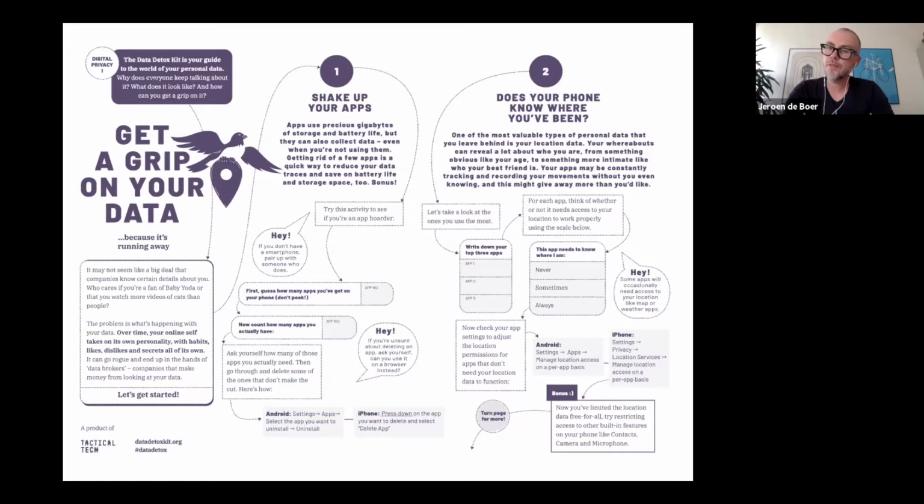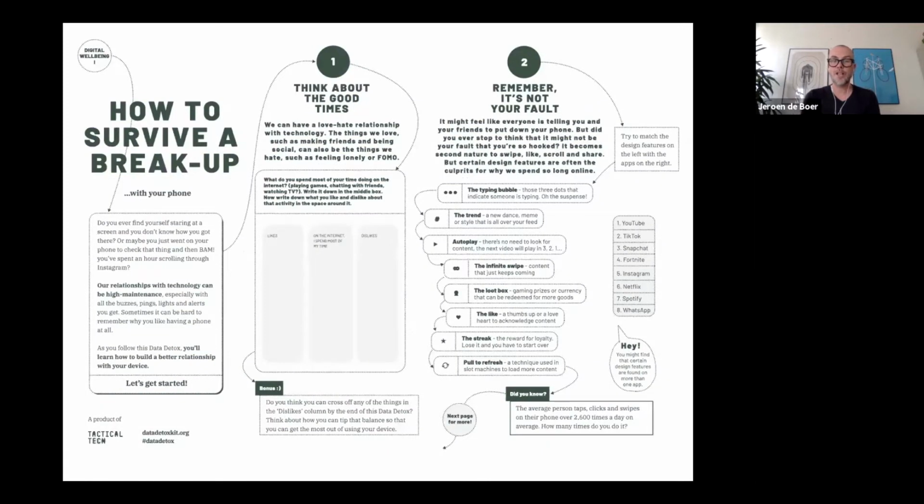So it's really playful, it's interactive, and step by step you go through this process, and in the end you will have achieved this new digital personality in terms of being more knowledgeable about what's going on and how you can handle this.